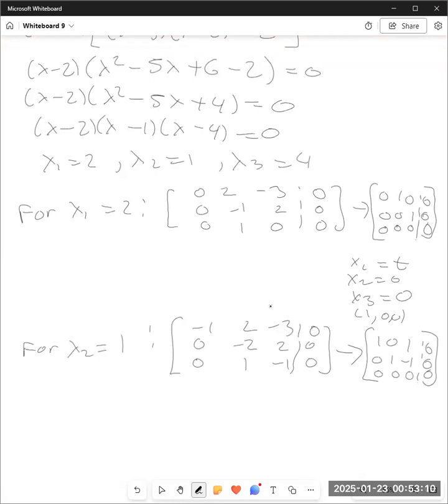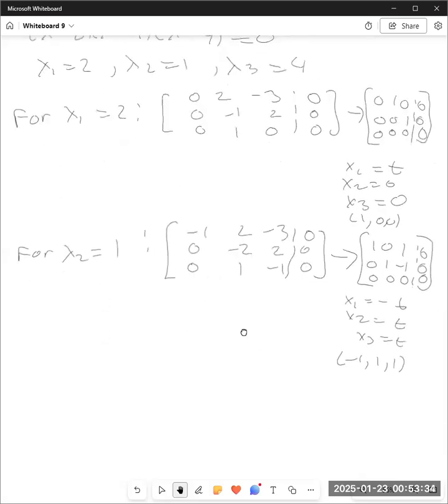So that tells me that x1 is equal to negative x3, x2 is equal to x3, x3 is my t, so this is a negative t, and this is a t, so negative 1, 1, 1 is my eigenvector here.